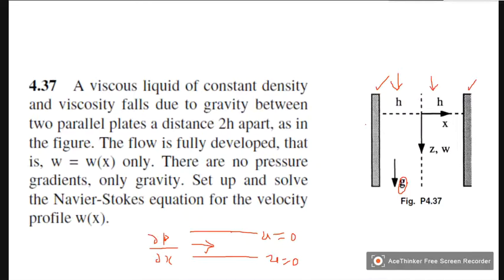The velocity at the two walls is 0 because of no slip condition, and the velocity distribution will be something like this.